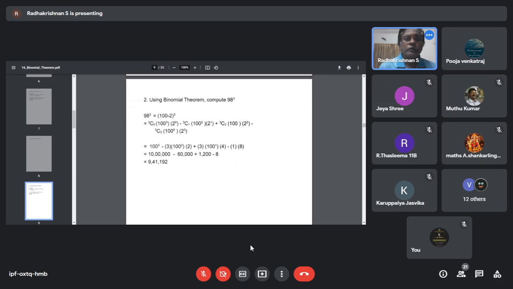So it is 3c0 into 100 cube into 2 to the power of 0, minus, the middle term is minus because it is (a minus b) the whole cube, so minus 3c1 into 100 square into 2 to the power of 1, plus 3c2 into 100 to the power of 1 into 2 square, minus 3c3 into 100 power 0, 2 power 3. The first term works out to 10 lakh, then minus 60,000 plus 1,200 minus 8. So it comes to 9,41,192.